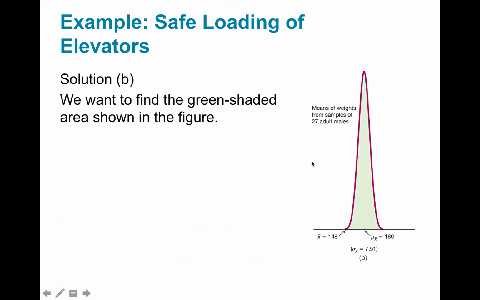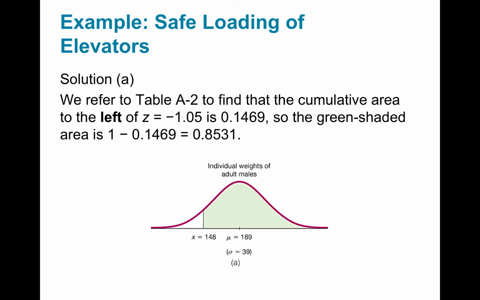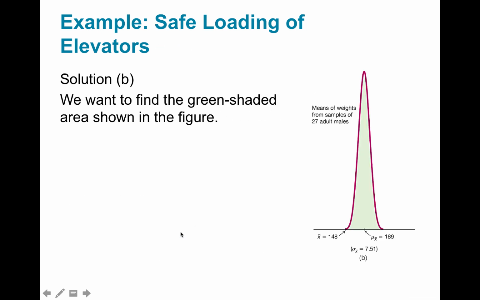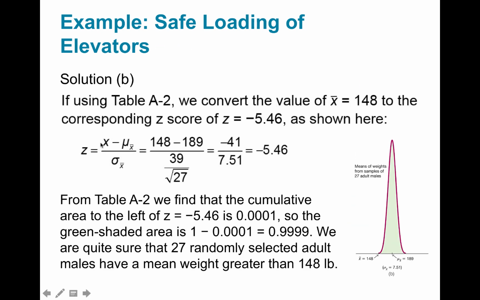So the distribution of our sample means will look something like this, compared to the original population, which is more spread out because of the larger standard deviation. So now when we find the z-score, we find that it's minus 5.46. Remember, within 3 standard deviations is 99.5% of the population, and this is more than 5 standard deviations away.